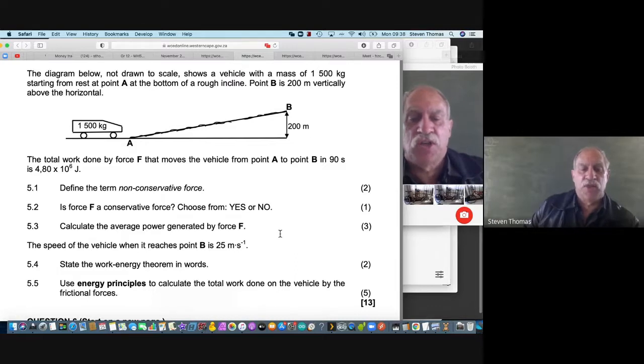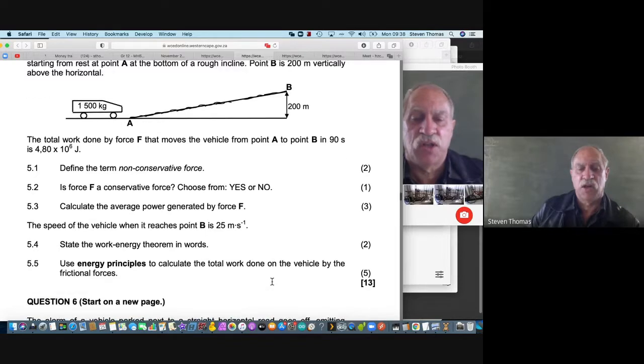So using that formula, work non-conservative is change of kinetic plus change of potential. You add the two, and it gives the work done by the frictional forces. Work non-conservative, that's the frictional force, is change of kinetic plus change of potential. And there, that looks easy enough.